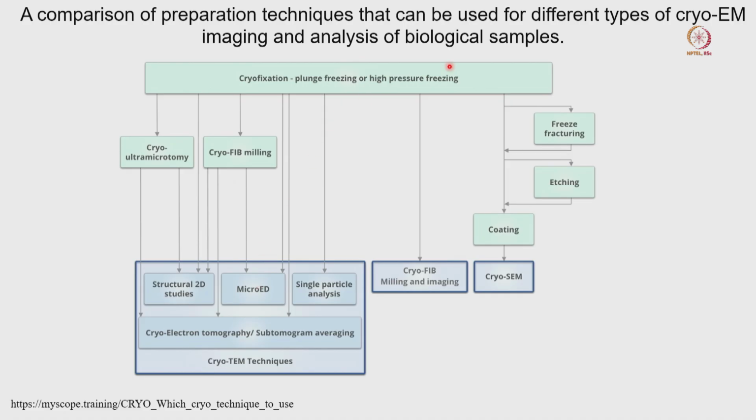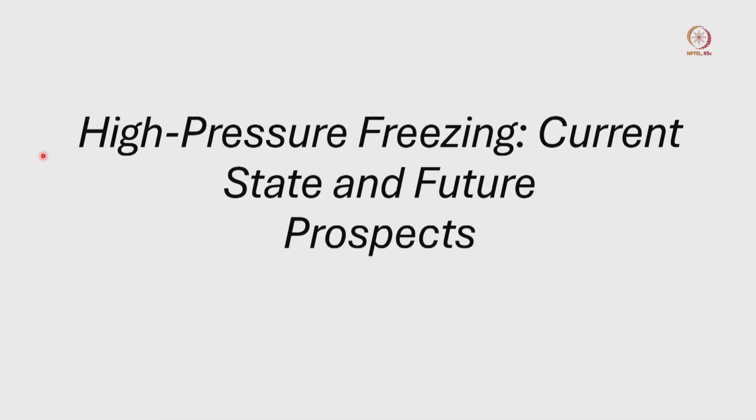Again, after high pressure freezing, cryo FIB milling is one possibility, followed by cryo imaging. Otherwise, you can do freeze fracture, then etching, then coating with metal and carbon, and perform cryo AFM. Okay. Now first, the high pressure freezing current status and future prospects.